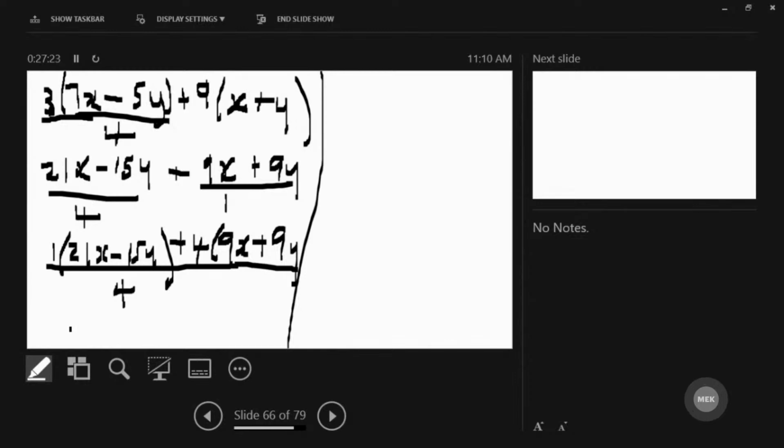So expanding them, 1 times each of these is going to give back the same thing. So that's 21x minus 15y. And 4 nines are 36 again. So that's 36y over 4.